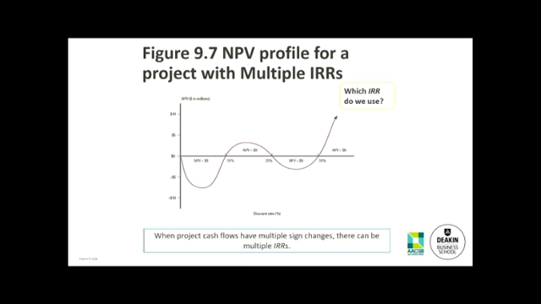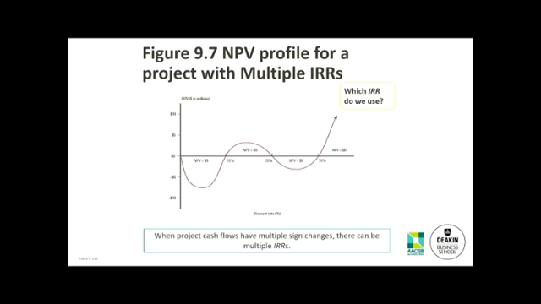One is here, one is here, one is here. Some students may be wondering, hey Robert, why we have so many internal rate of returns? Because mathematically, if you have multiple cash flow sign changes, you will have multiple internal rate of return. I will explain.